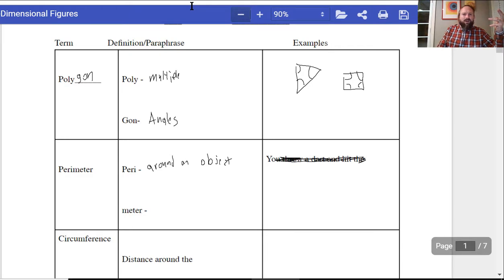If it's not fixed, go ahead and cross it off. So, perimeter, peri being around an object, and meter being the distance or length. So if we had an object, the perimeter is the distance around an object. Let's go on.